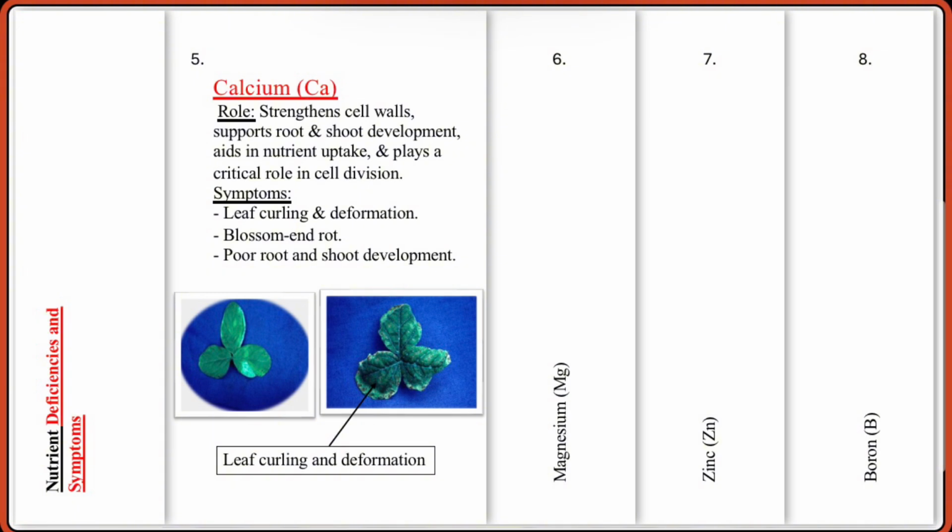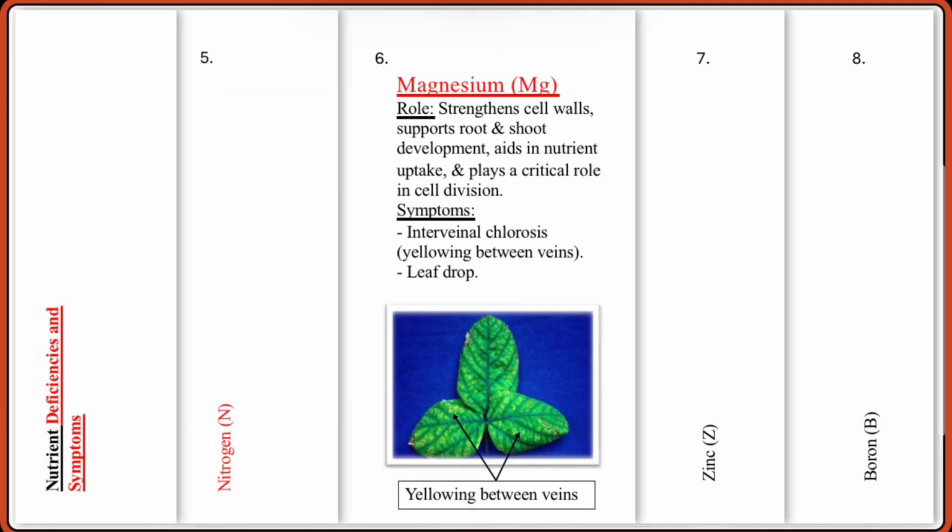Next nutrient is magnesium. Magnesium plays an important role in plant growth. It's a bit similar to calcium in strengthening root and shoot development, aiding nutrient uptake, and then it helps to empower plant growth and reduce stagnant growth.